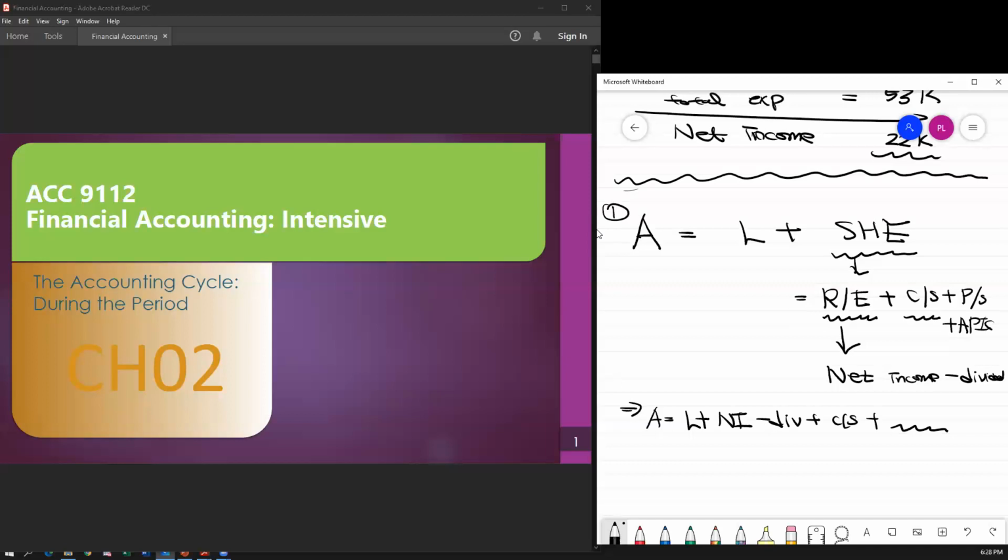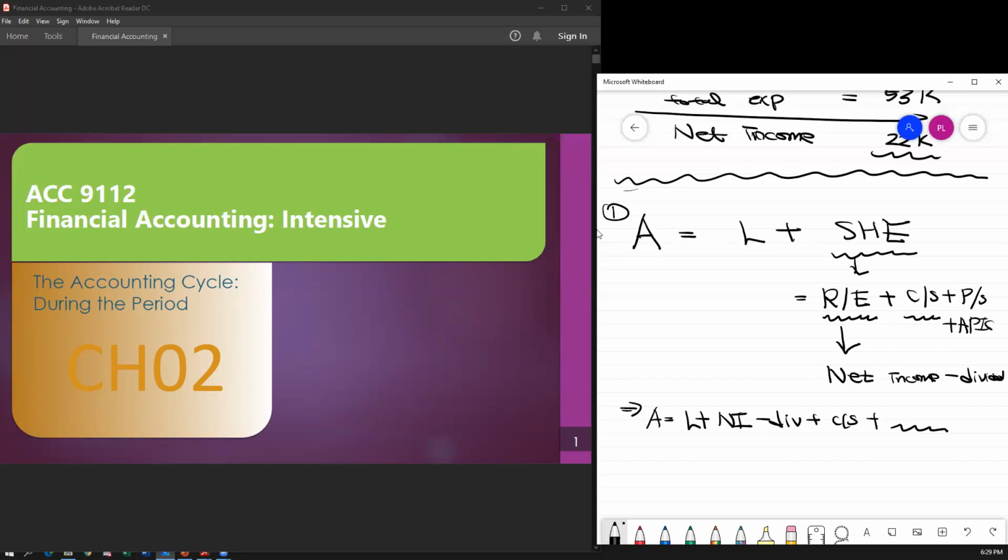You need to be able to play around with this equation because there are going to be a lot of questions asking what's the amount of dividends given this equation. What's the amount of common stock given all these accounting items? That's going to be heavily concentrated on the midterm as well as the quiz.